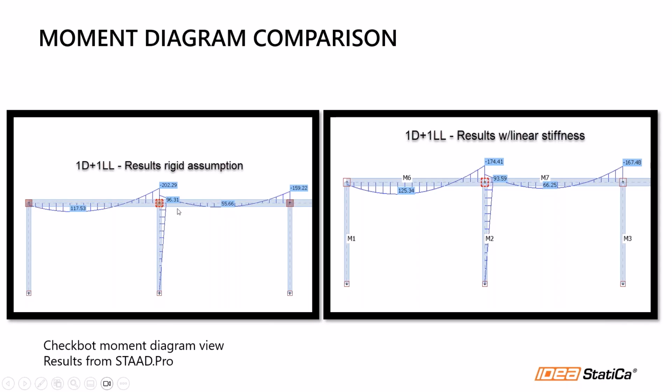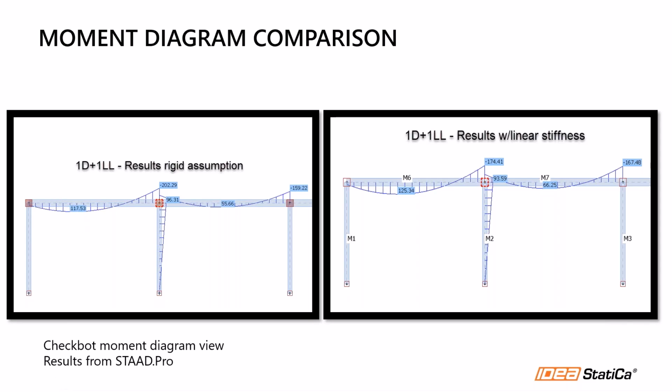So what we're looking at here: if you look at the moments in this joint, you can see that from the rigid assumption to the linear stiffness, or the second iteration, they were actually reduced on the joint. However, the one that we are worried about is the moment at the central part of the member, right?